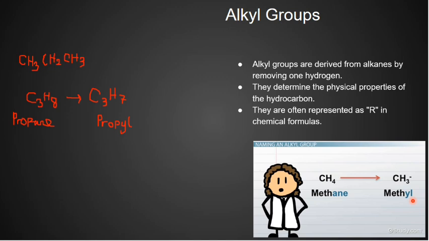Now how do we arrive at this name methyl? For you to name any alkyl, you just replace the ANE of the parent alkane with YL. So you can see that this ANE is being substituted with YL, so this becomes methyl. So methyl is an alkyl group.